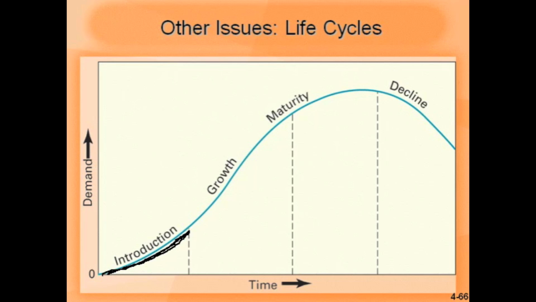Because it is the introductory phase, the demand, which you can see on the y-axis, is initially very low because people may not be aware of the utility or what benefit that new product or service is going to give them. So that's the introductory phase.